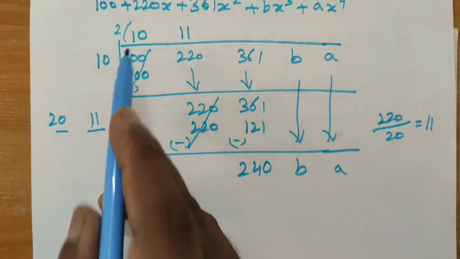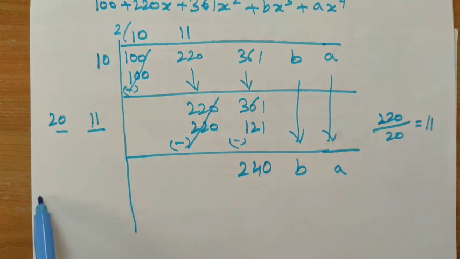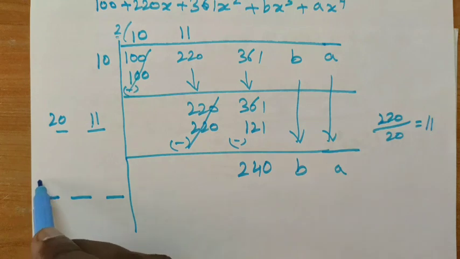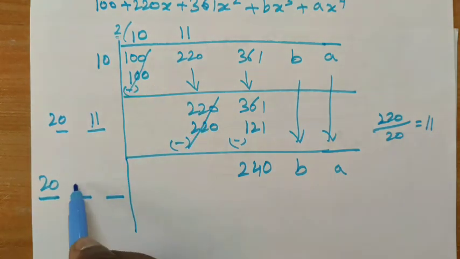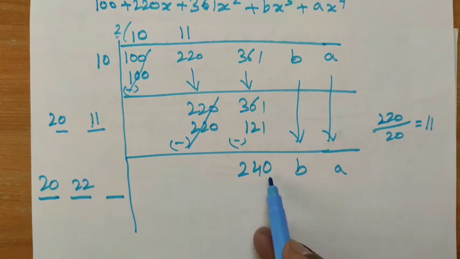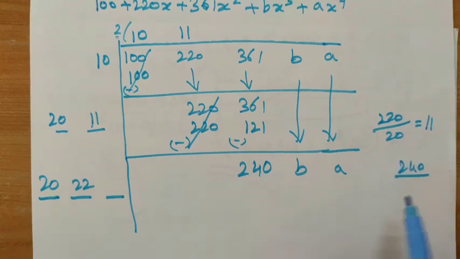Now the third step, we have to write 3 terms, right? The first term, second term and third term. The first term is 20, second term is 22. We have to find the third term. Choose this 240 and then the first term is 20, divide by 20. 0, 0 will be cancelled. When we divide, we get 12, right?